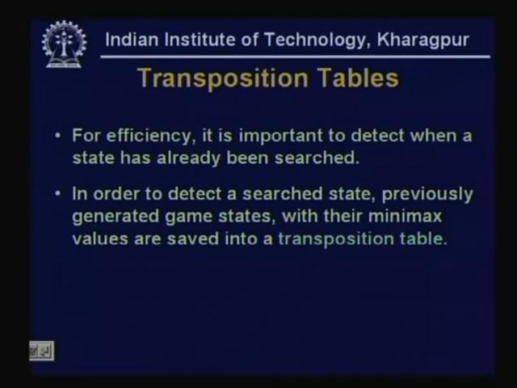In order to detect this, previously generated game states with their min-max values are stored. This sort of transposition table will be important if you look at the game of NIM. In NIM there are many repeated states. So, if a node has been solved, it makes sense to store the state along with the backed up value obtained there to avoid repeated exploring of the same node.